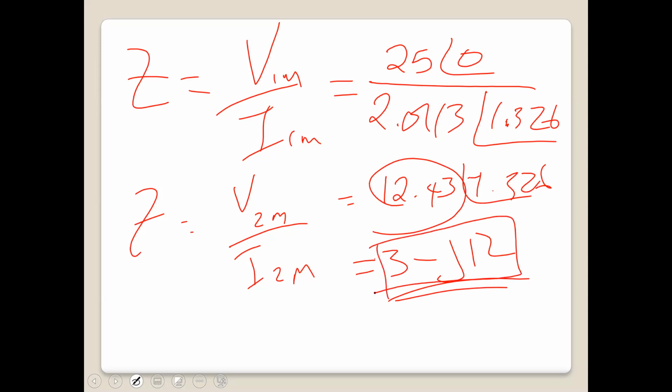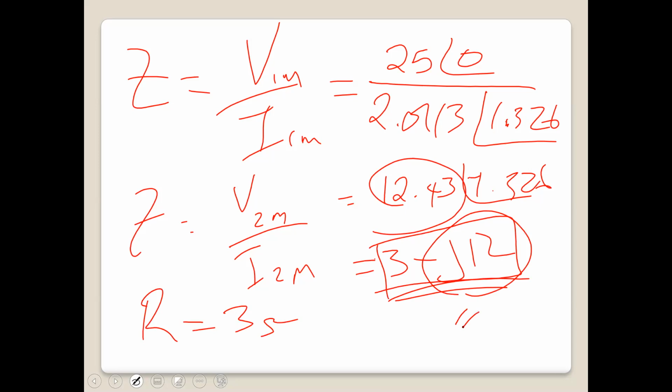3 minus j12. So the question is, what is R? 3 ohms. And the j12 would represent what? The capacitive reactance. And how do you know it's capacitive? Because there's a DC component in the voltage. Well, that is one, but looking at the impedance... Oh, the minus.